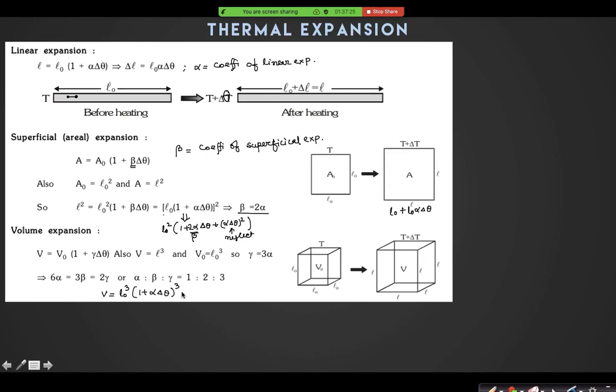Approximately you can also make it L naught cube into 1 plus 3 alpha delta theta. Other terms are negligible, right? So can I say that 3 alpha is nothing but gamma here? Gamma is known as the coefficient of volumetric expansion or volume expansion.